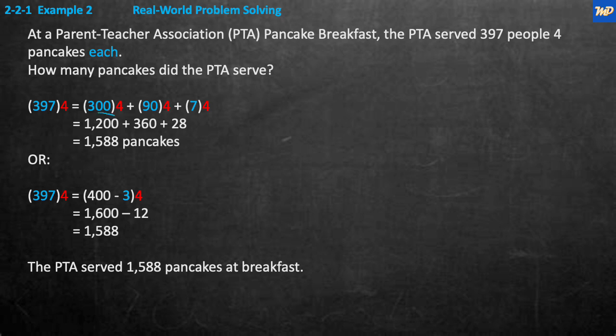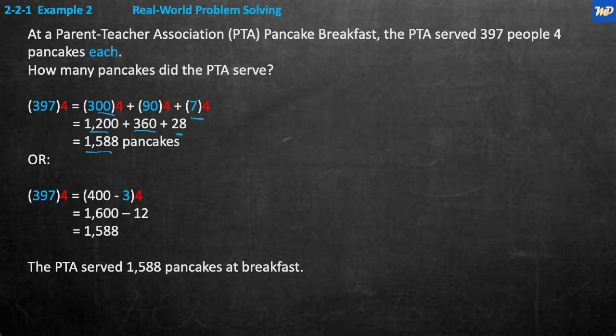Then the 90 times 4 is 360. We have the 1,200, 360, and then 7 times 4, the last one here, is 28. And then you can add those all up, whether it's easy or not. You're going to have to add them up in your head, but 1,200 plus 360 is 1,560 plus 28 is 1,588. Okay? So that's one way of looking at this.